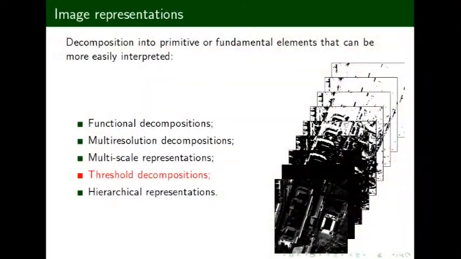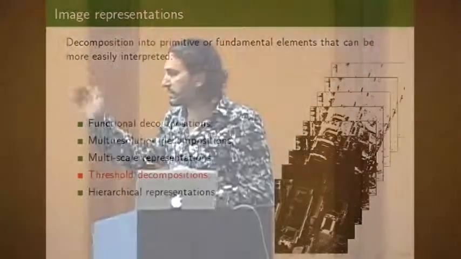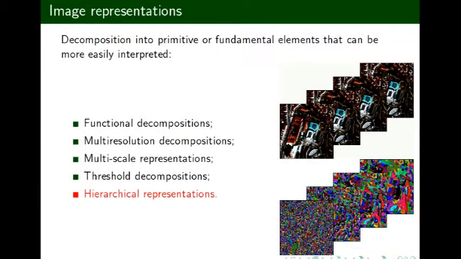The representations that we will deal with more specifically in this talk are the last two. So this is threshold decomposition. Threshold is the most basic operation in image analysis, I believe. So you take the whole stack of thresholds. And hierarchical representation by grouping pixels according to some rules, from the pixels themselves to large regions, the highest level in the hierarchy being the whole image itself, just one region.